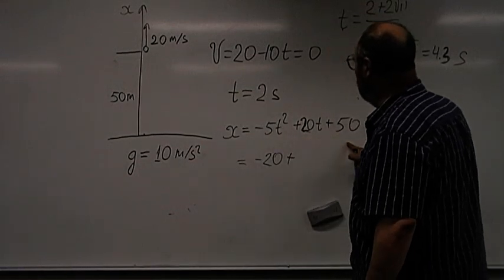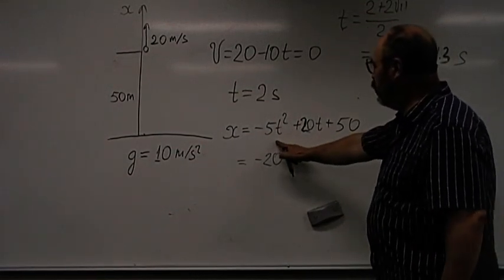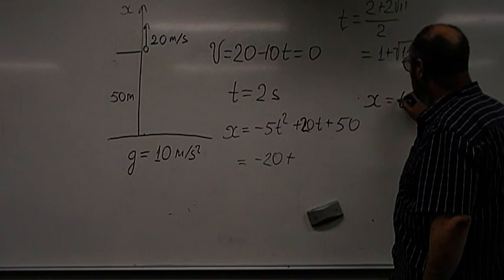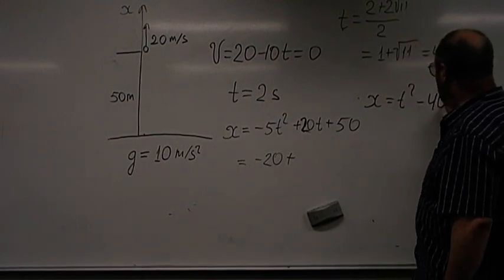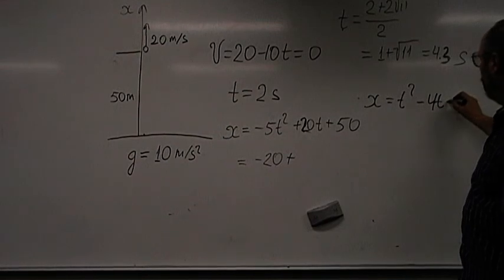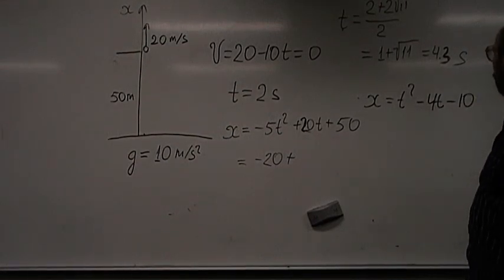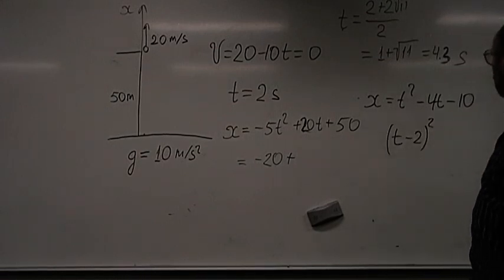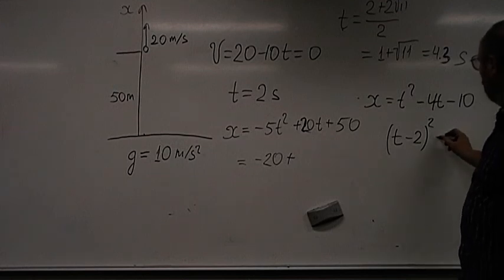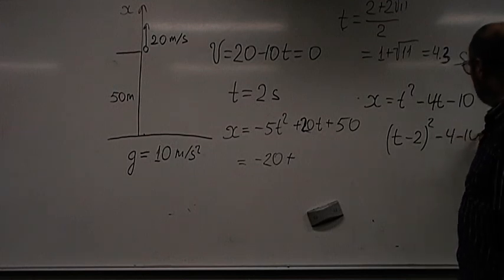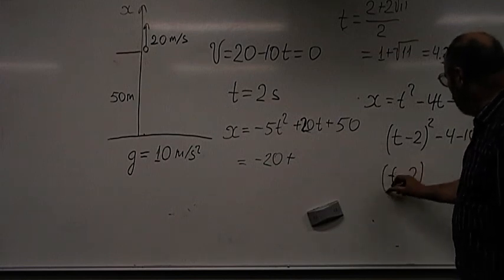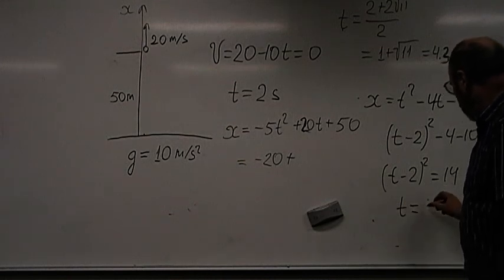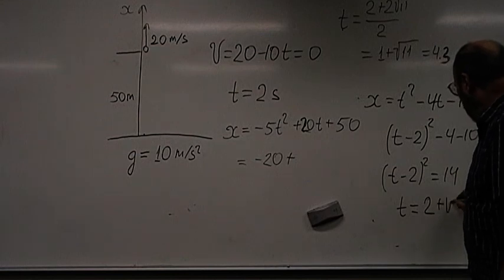So with this one, if we divide by negative 5, then x will be equal to t squared minus 4t minus 10. If we complete the square, t minus 2 squared minus 4 minus 10, we have t minus 2 squared equals 14, so t equals 2 plus root 14.